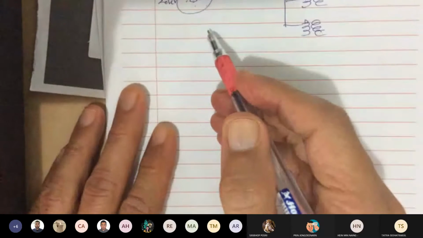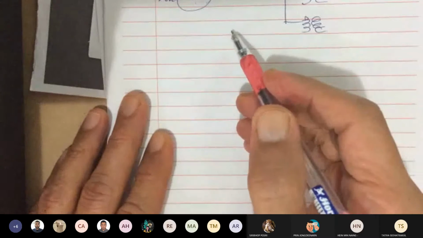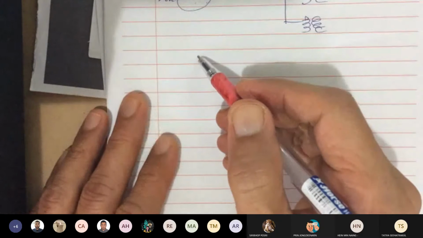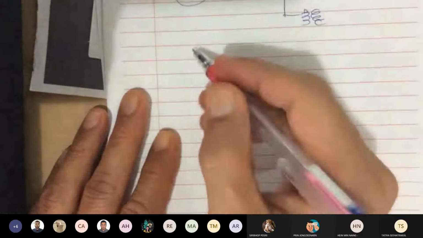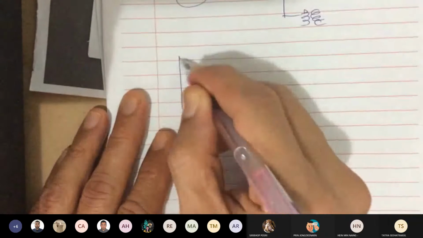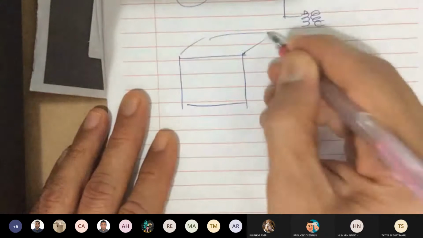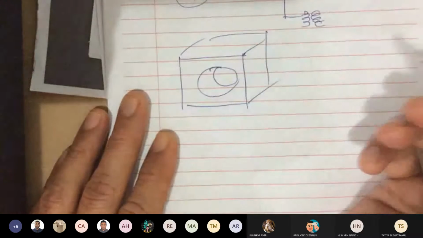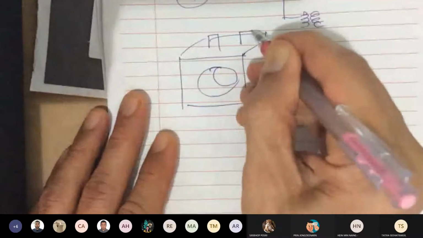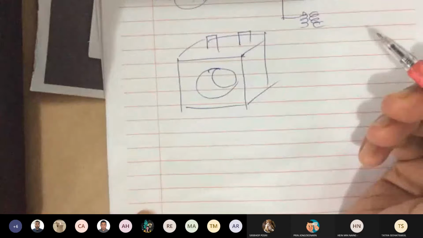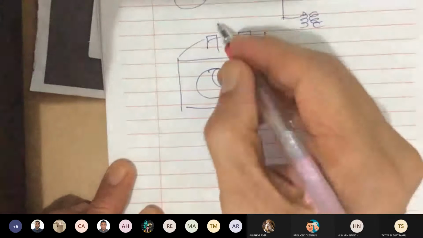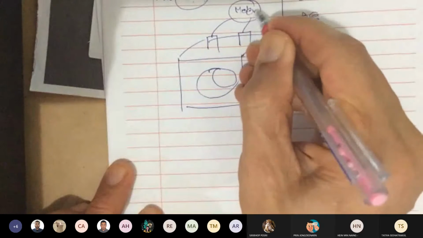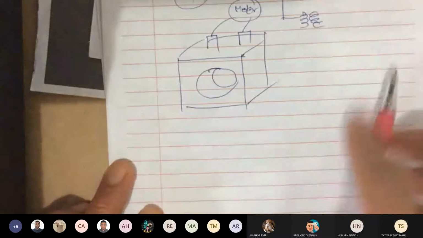The idea is to use magnetic induction. If you are taking lab number 1 in machines, you might want to look at the ammeter that you have in the lab. On the back, you're going to see something that looks like this. Kind of like that, and then kind of a circle in the center. Okay, and there are going to be terminals coming out. Now the idea of a current transformer is that this is going to go to your meter, your dial, and you want to measure the current in these windings.